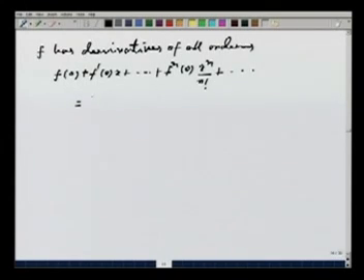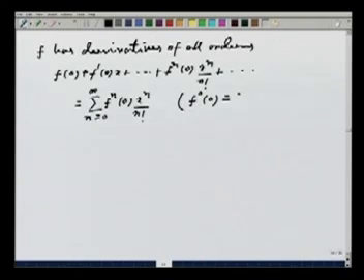So in short, I get summation n from 0 to infinity f^(n)(0) into x to the power n by factorial n, with the understanding that f^(0)(0) is just f(0). So this is a power series.